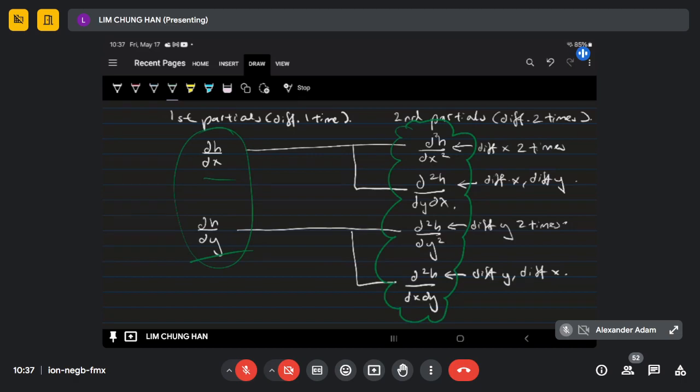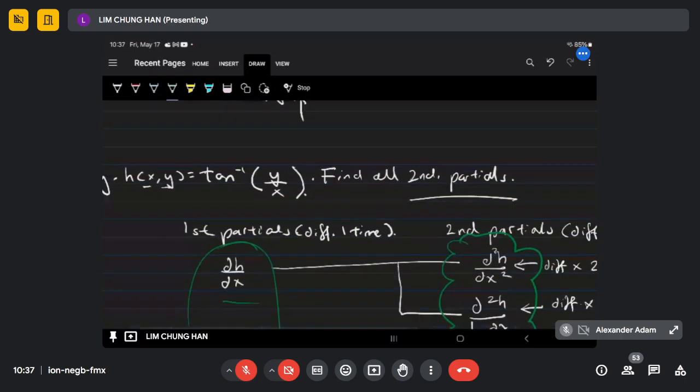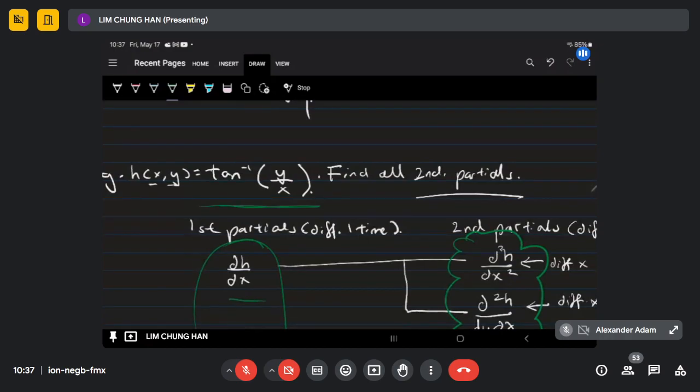You do dh dx and then find your second partials. You do dh dy and then find the second partials. The difficult part of this question is the differentiation part, the calculus one. How do you differentiate inverse of tangent? This is the difficult part.